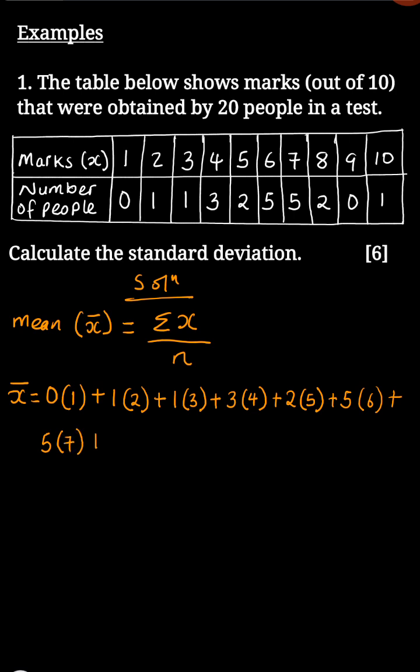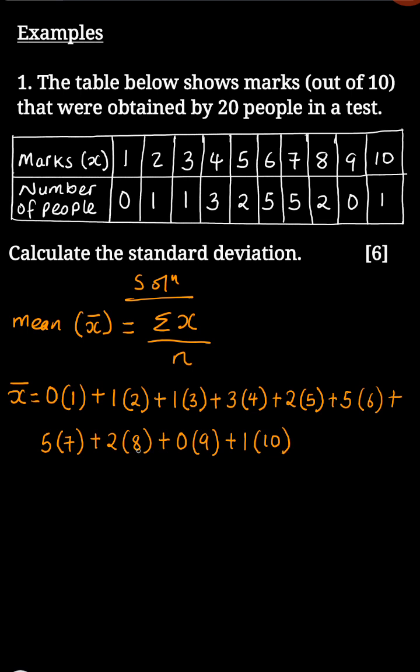And then you say plus, here we have 2, on top we have 8. And then we say plus 0. We have the 0 here. The top number is 9. So we say 0 times 9. And then we say plus, finally, 1 times 10.